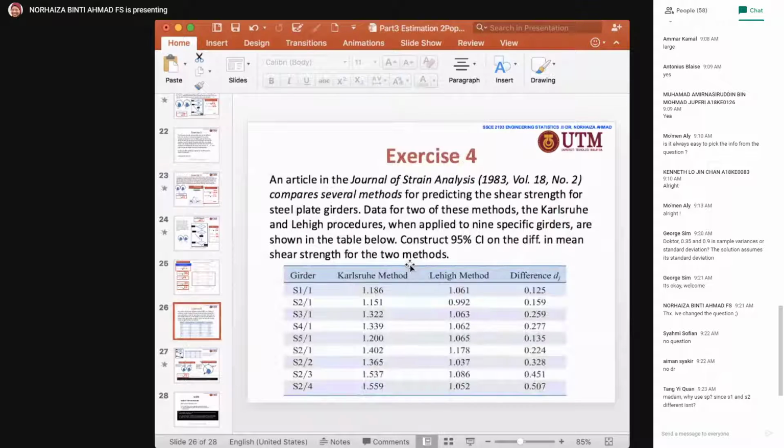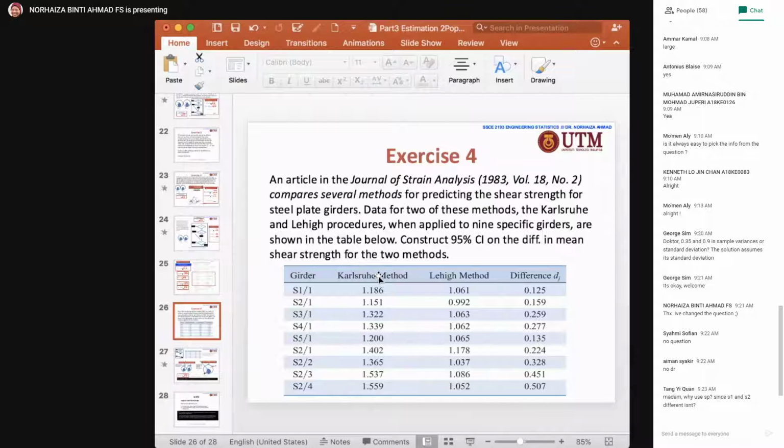Now, this example reflects a different type of experiment. It says an article compares several methods for predicting the shear strength for steel plate girders. Data for these two methods applied to 9 specific girders are shown in the table below. So you have 9 observations, but each observation is applied to 2 different methods.